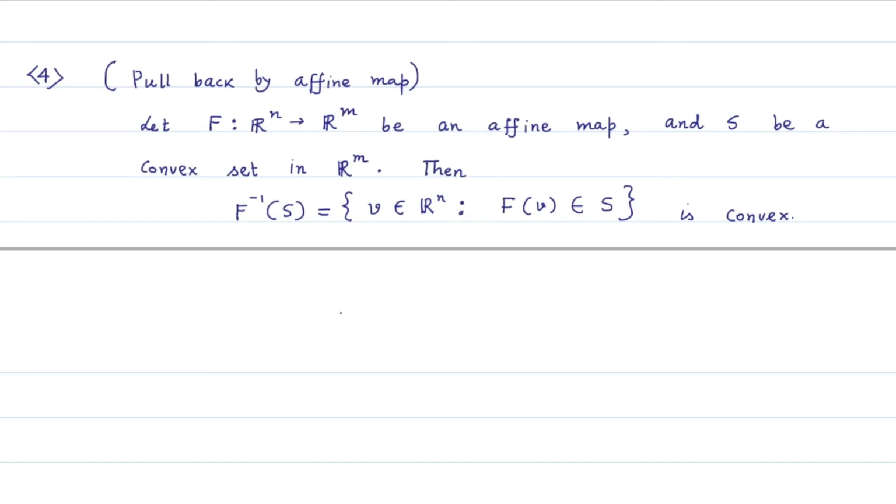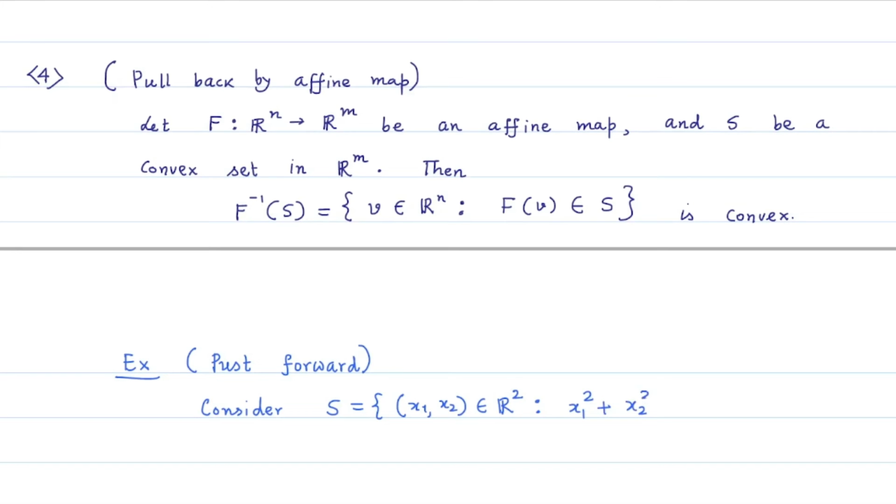I will rather give you two examples where we will try to visualize this push forward and pull back of convex sets by affine maps. We consider the first example as an example of push forward. Consider, say, the unit ball in the R^2 plane. That is the collection of all points (x1, x2) in R^2 such that x1 squared plus x2 squared is less than or equal to 1.